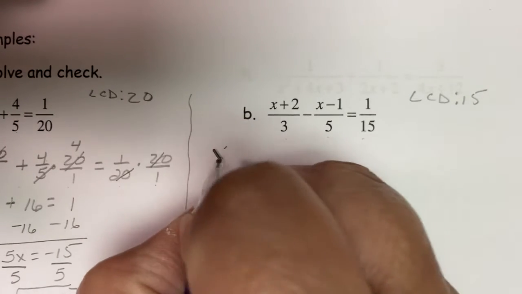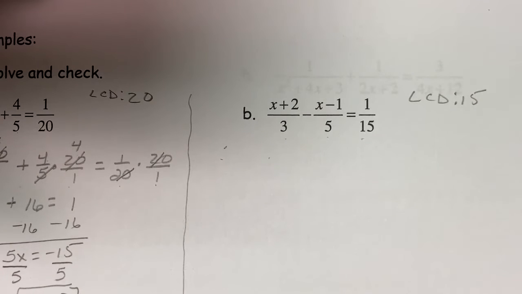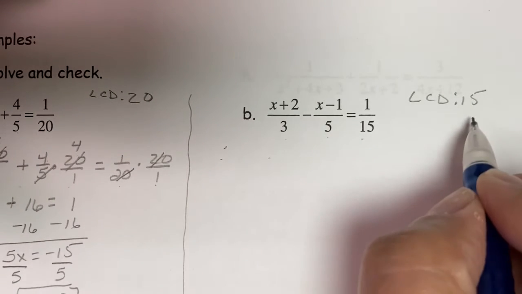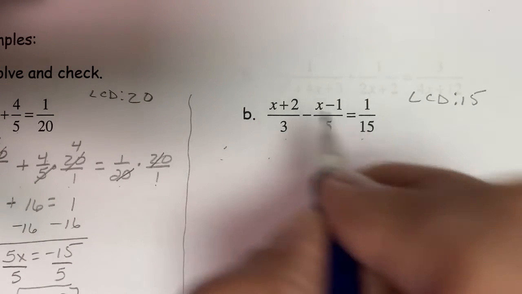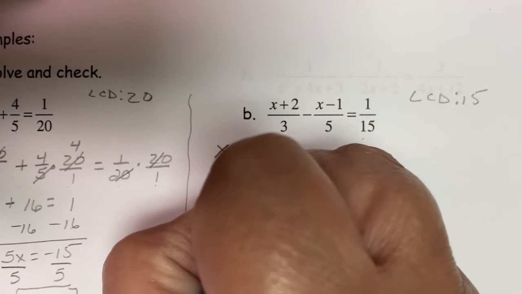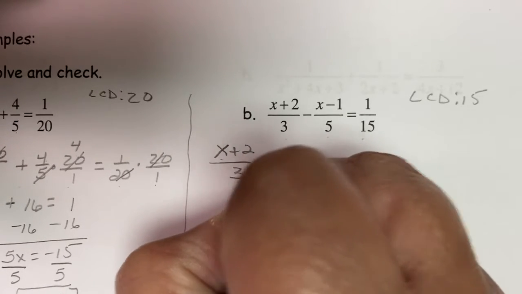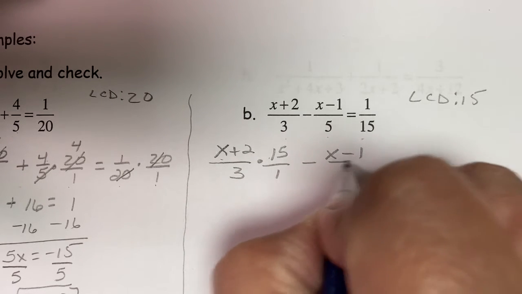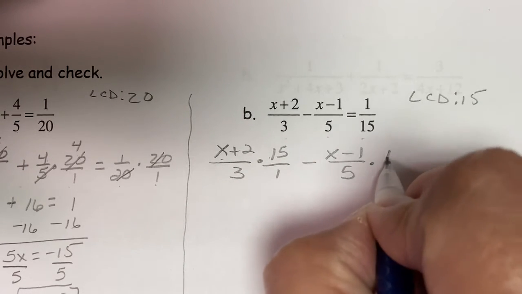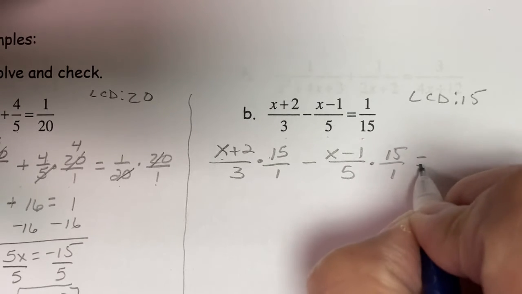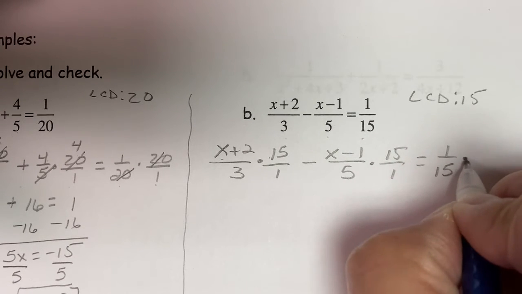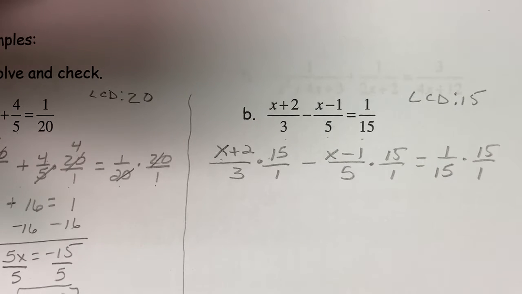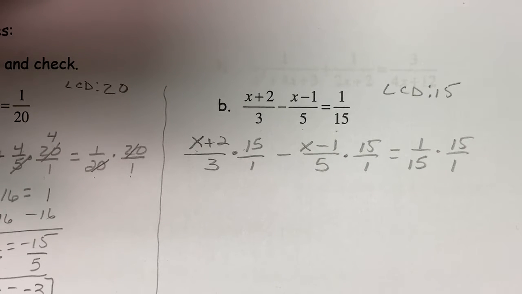So in every single term of the equation, we're going to multiply by 15 over 1. So x plus 2 over 3 times 15 over 1, minus x minus 1 over 5 times 15 over 1, equals 1 over 15 times 15 over 1. And when you do the multiplication and the canceling now, all your fractions should disappear.